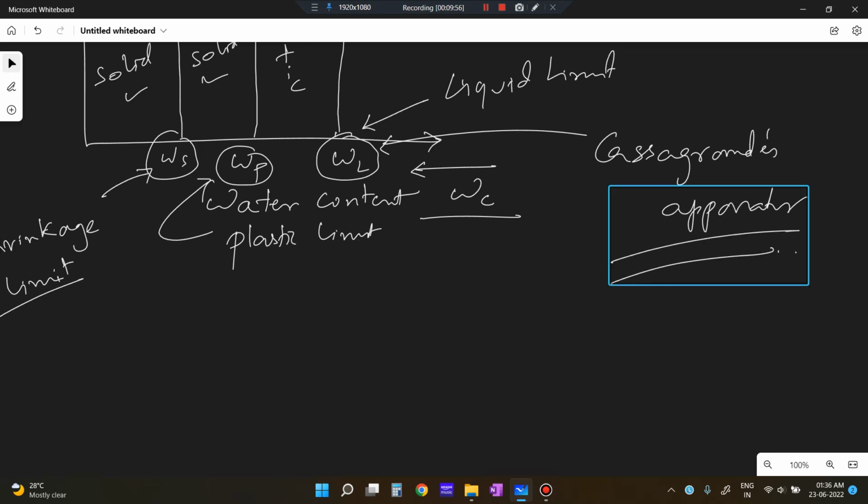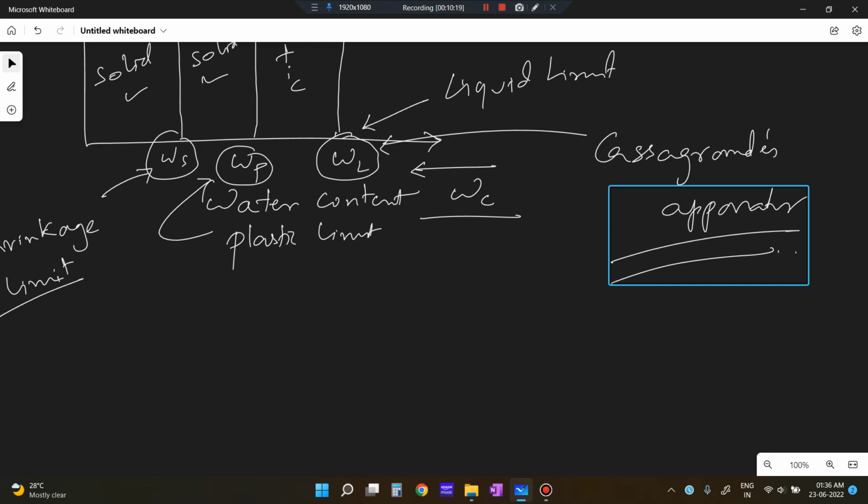Actually what happens is that at a particular water content, a groove is cut in a pat of soil by a grooving tool of standard dimensions, and the groove will flow together for a distance of 13 millimeters under the impact of 25 blows in that apparatus.